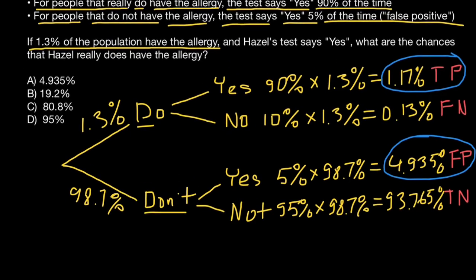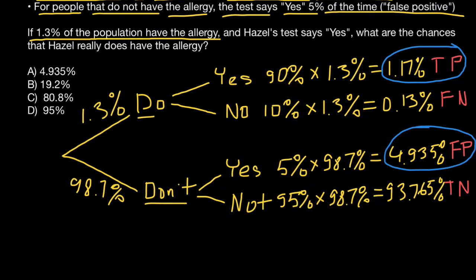Now we have to combine these numbers in order to find how many people in this population would test positive, regardless of true positive or false positive. So 1.17% plus 4.935%, and we are going to get 6.105.